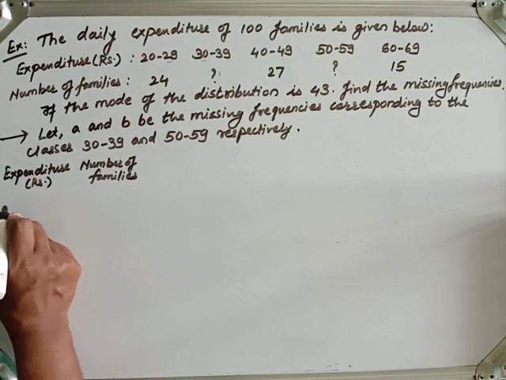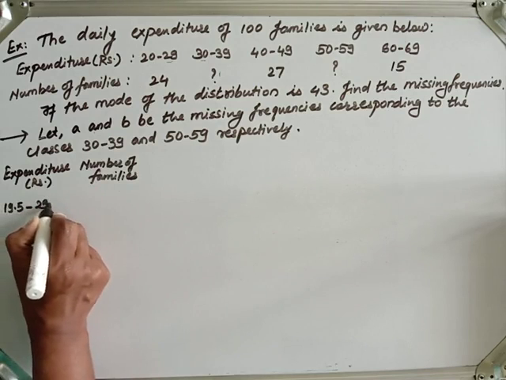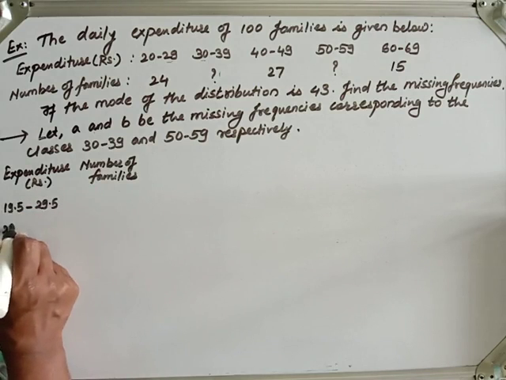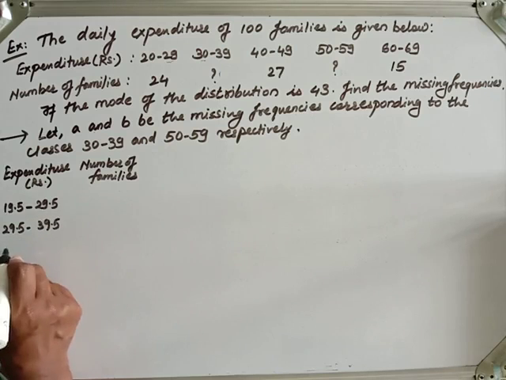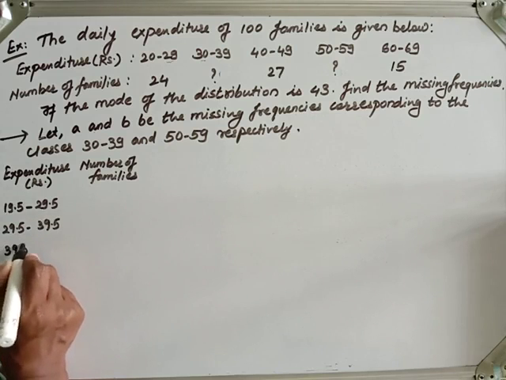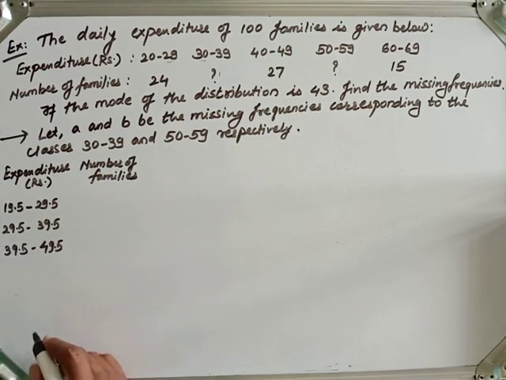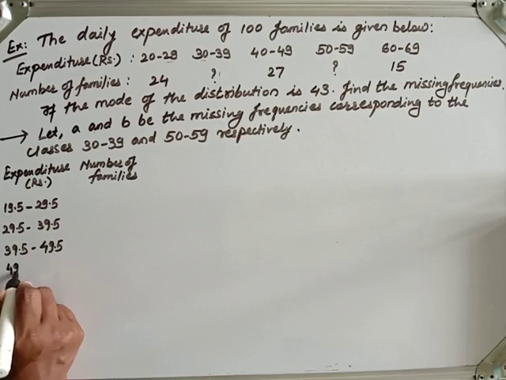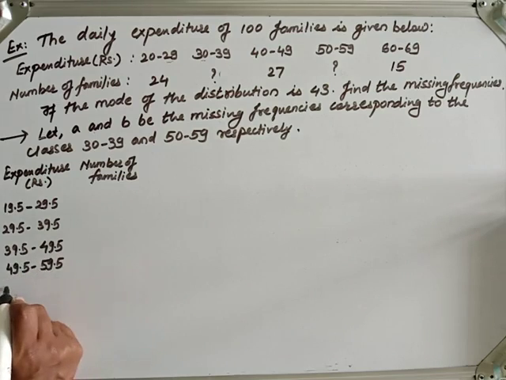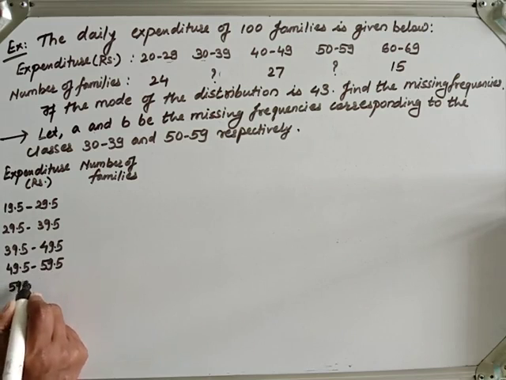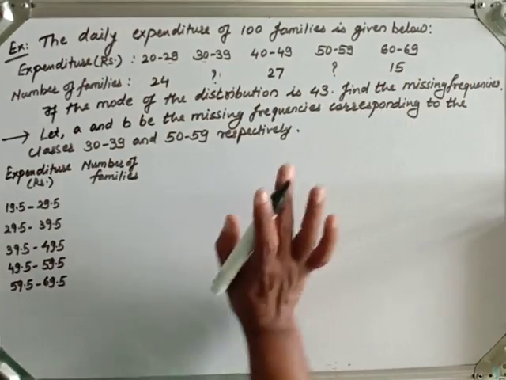Now here 19.5 to 29.5, again 29.5 to 39.5, 39.5 to 49.5, okay, then 49.5 to 59.5 and 59.5 to 69.5 up to this. Fine.